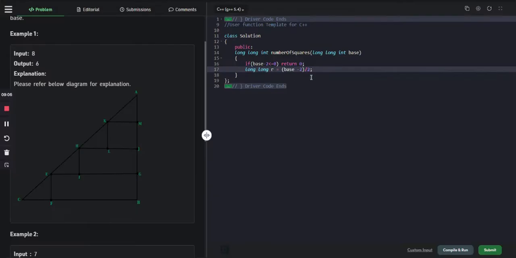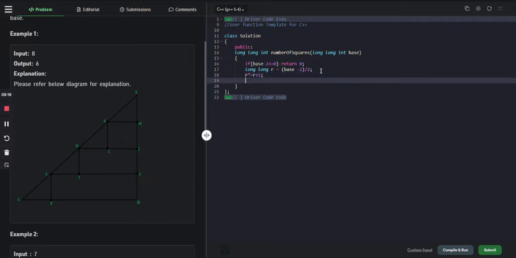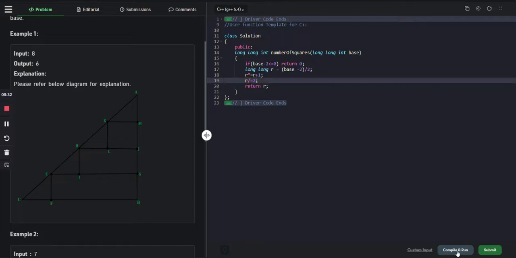So now let's simply code this. What we need to return is r multiplied by r plus 1, and then divided by 2, and then we can return the answer as r only, because now I have changed the value of r to summation r, which is r into r plus 1 by 2. So r is storing summation r at the end.